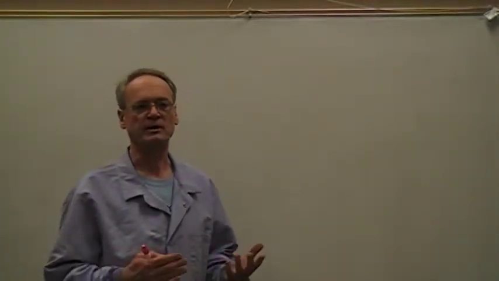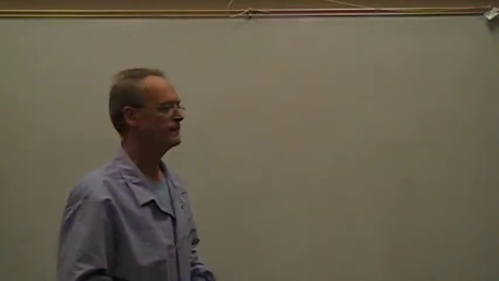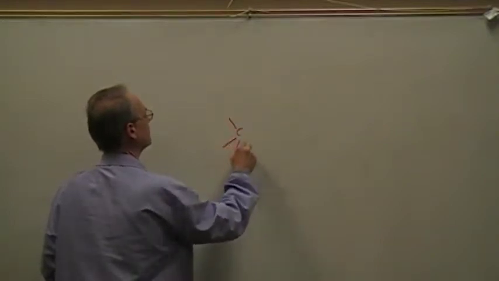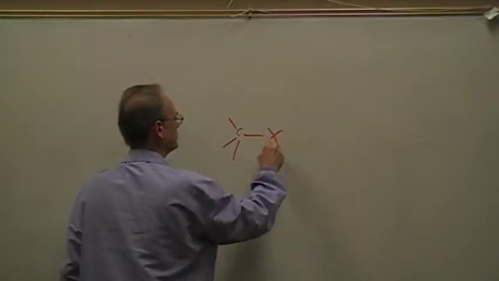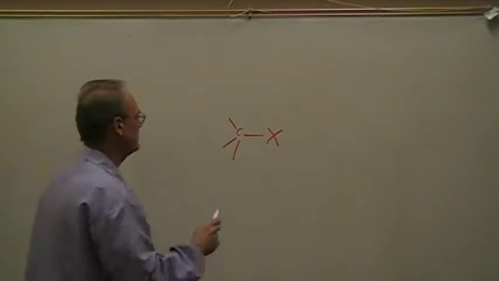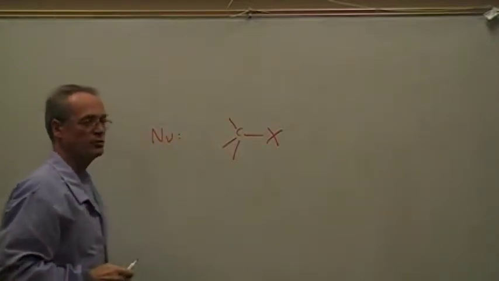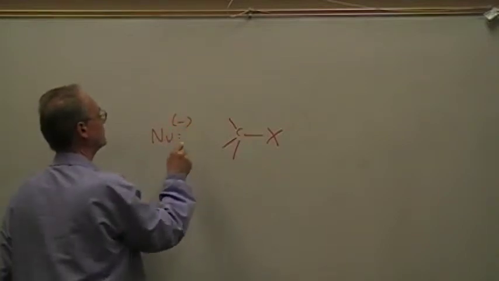Okay, first of all, what is substitution? Well, obviously we're replacing one atom on a molecule with a different atom or a group of atoms. In nucleophilic substitution, we start with an alkyl halide, that is a saturated carbon, sp3 hybridized, and a halogen, remember that's chlorine, bromine, or iodine, and then a nucleophile, which is a molecule which has a pair of electrons and may or may not, but very often does have a negative charge.